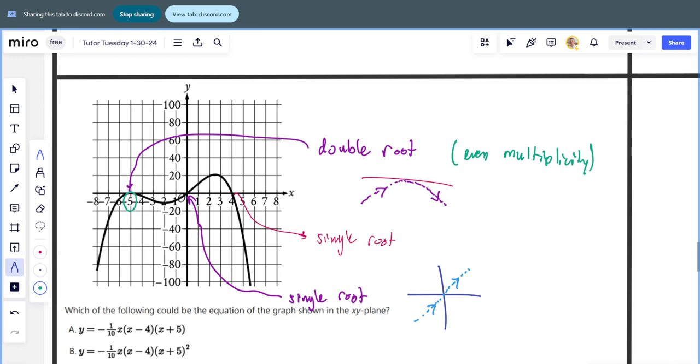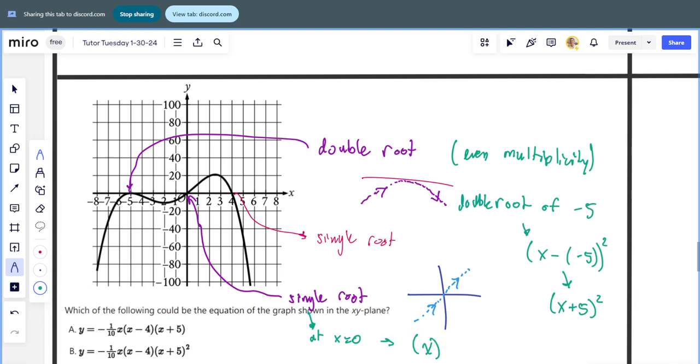If we want to represent this double root of -5, that's going to be x minus -5, and the whole thing should be squared. So that term in the equation is going to look something like (x plus 5) squared. A single root at x equals 0 is just going to look something like x.